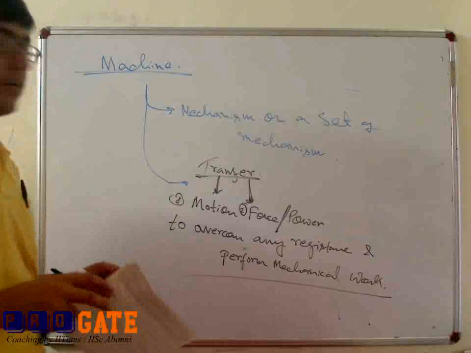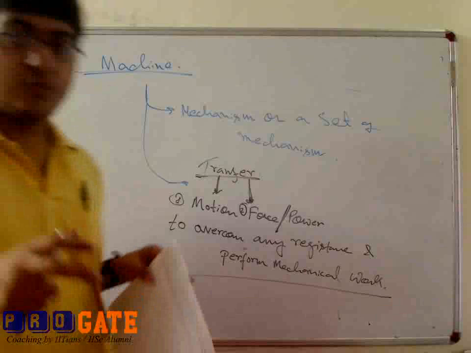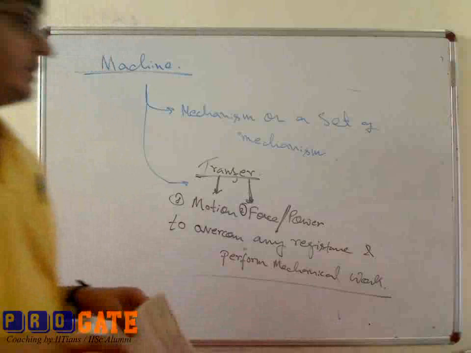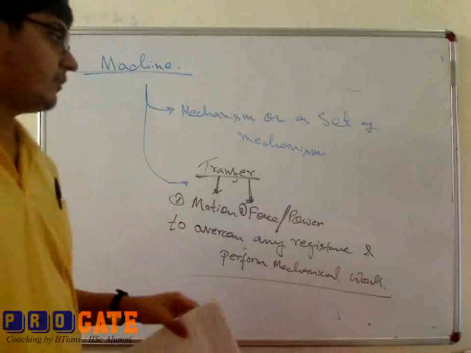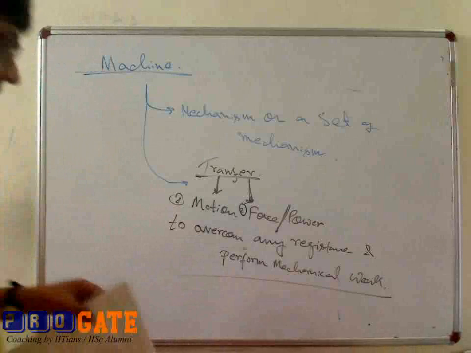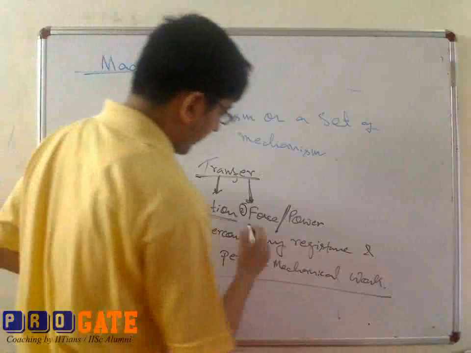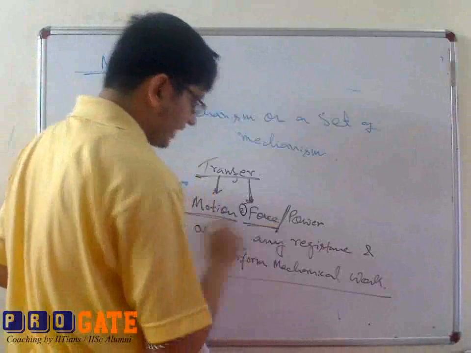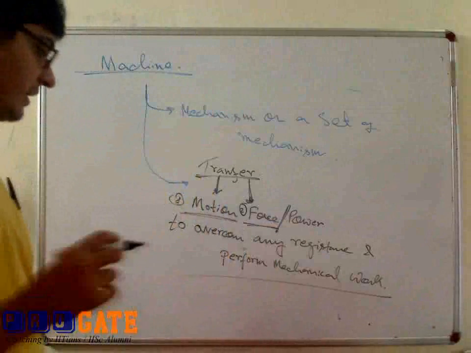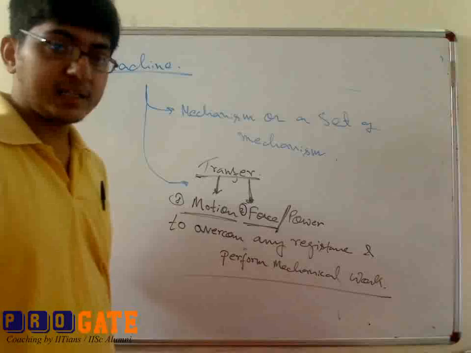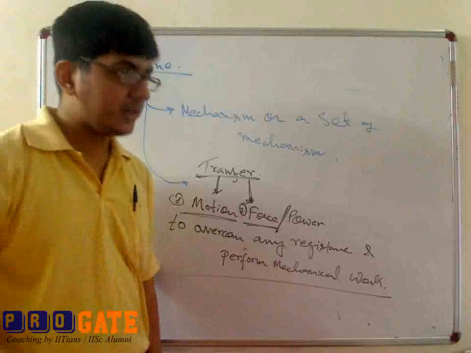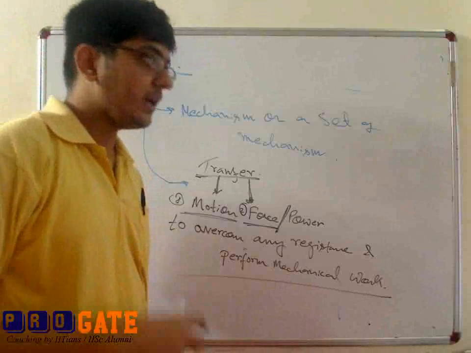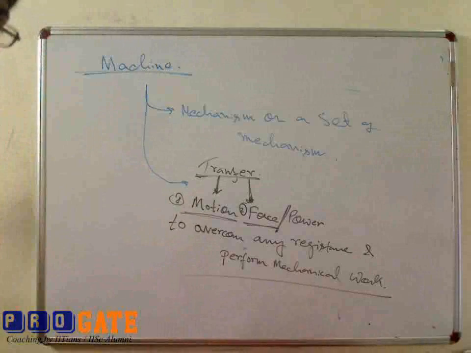In the mechanism we only consider the motion, not the force. A machine is one mechanism or a set of mechanisms by which you can transmit both motion and force, or motion and power, to overcome any resistance and perform mechanical work. In other words, a machine is an element which converts one type of power to another type of power.